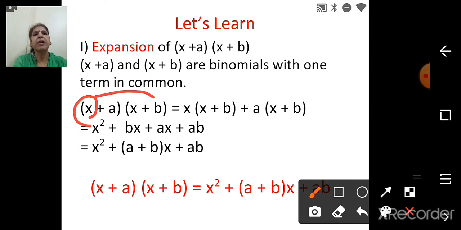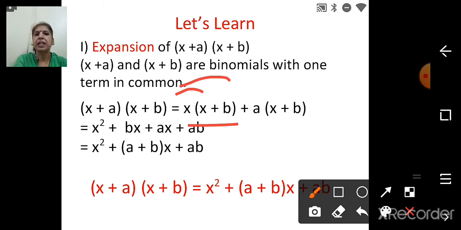So what we will do? One bracket, that is first, is x multiplied with x plus b. Now again open the brackets. X is the common term for the full bracket x plus b. So multiply x with x, x square. Then x with b, so bx. Right?